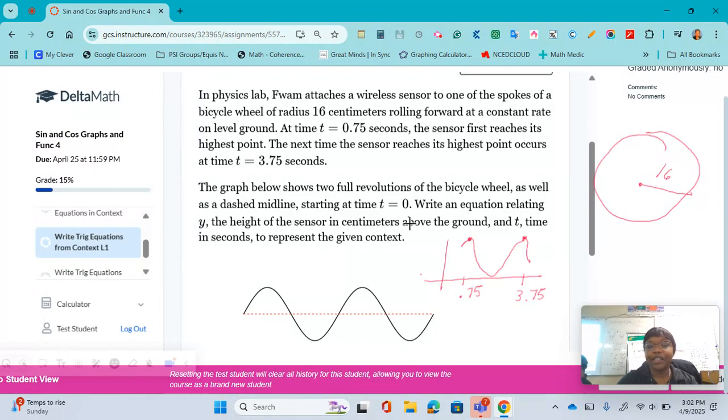Now, if the radius is 16, that radius of 16 is known as the amplitude, because it's going from 0 to 16, which is the midline. And since 16 is the radius, double 16 will be the highest point at 32.